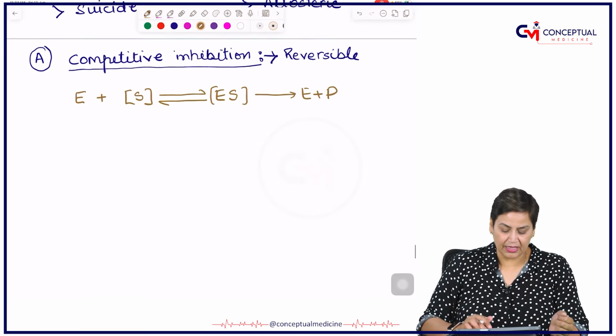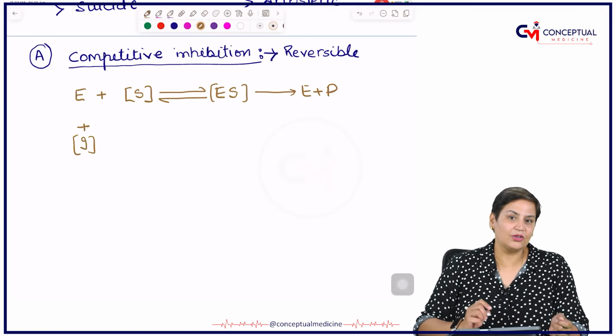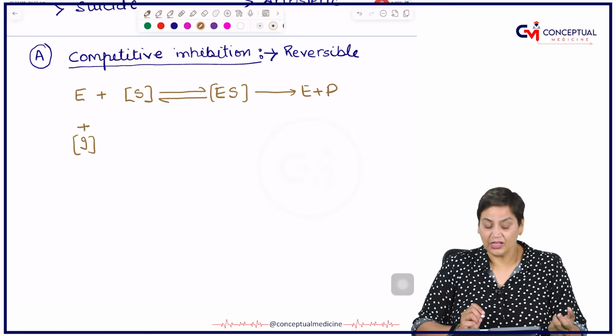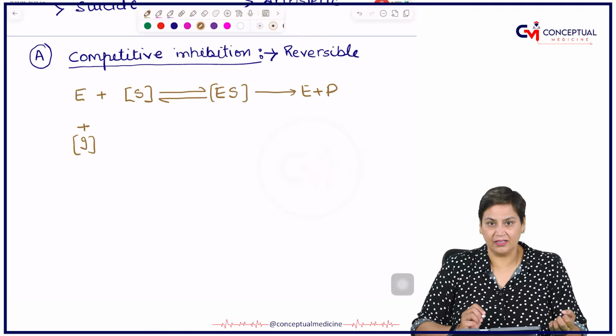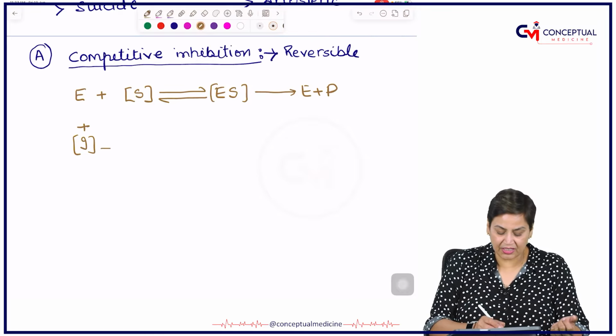But now there is a competition, between the substrate and the inhibitor. Why is there a competition? Because the inhibitor resembles the substrate in structure. So the enzyme by mistake, instead of binding with the substrate, binds with the inhibitor. So obviously the game will change.